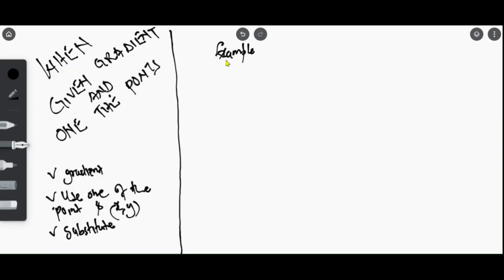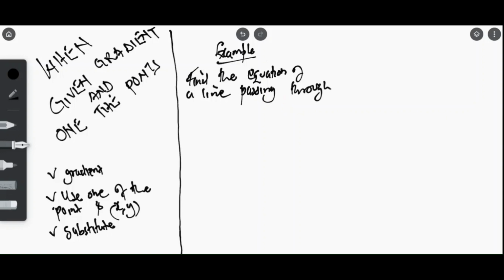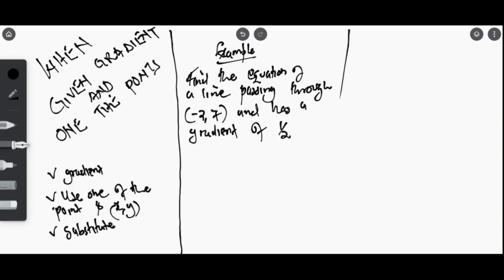So let me have an example. For example, I want to find the equation of a line passing through -2, 7, and having a gradient of a half.